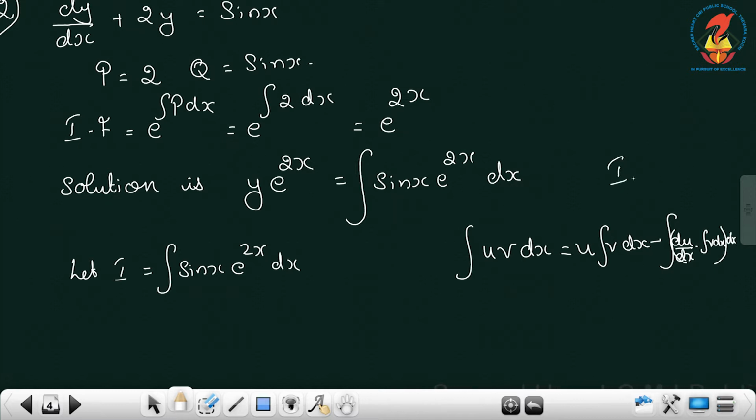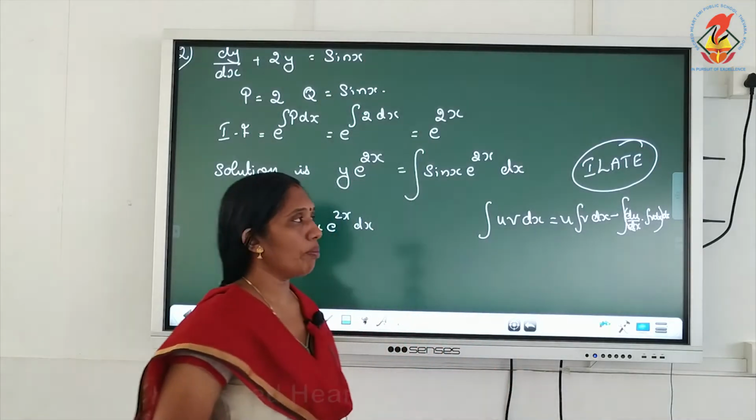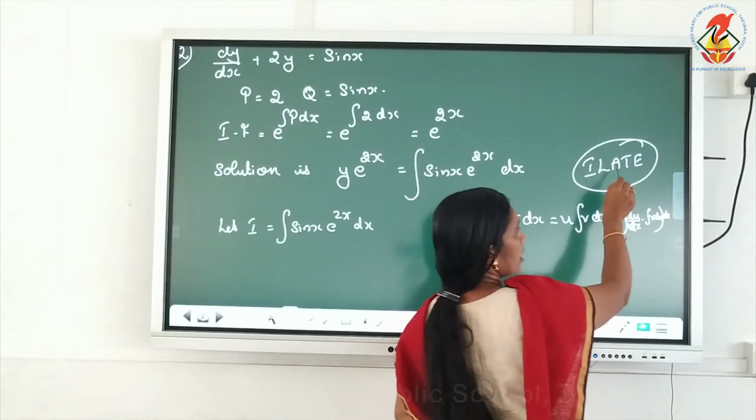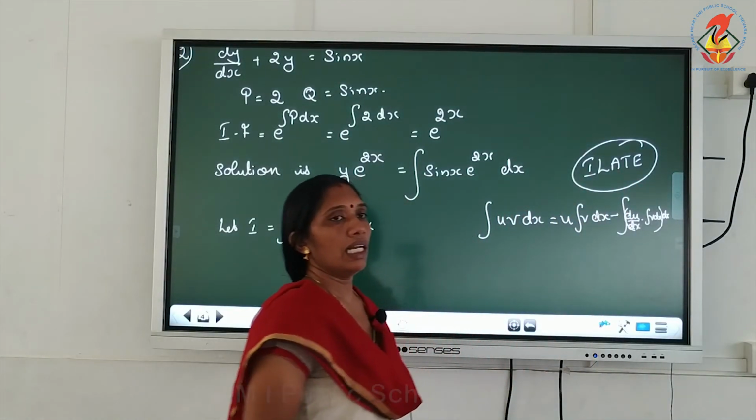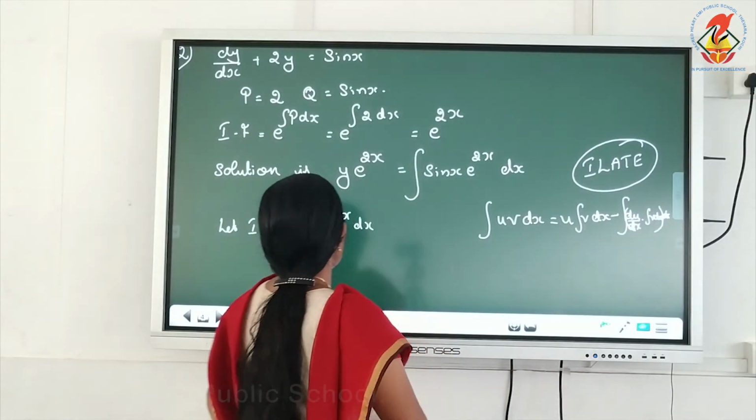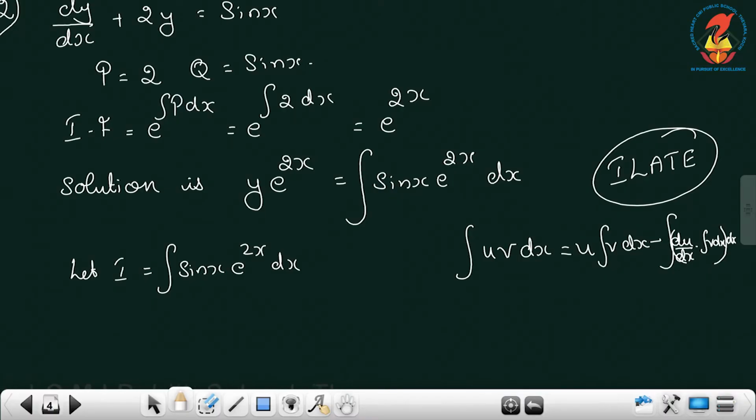Then you have to use the rule ILATE. What is ILATE? First you have to take inverse trigonometric function, then logarithmic, then algebraic, then trigonometric, last exponential function. So it is trigonometric and exponential.